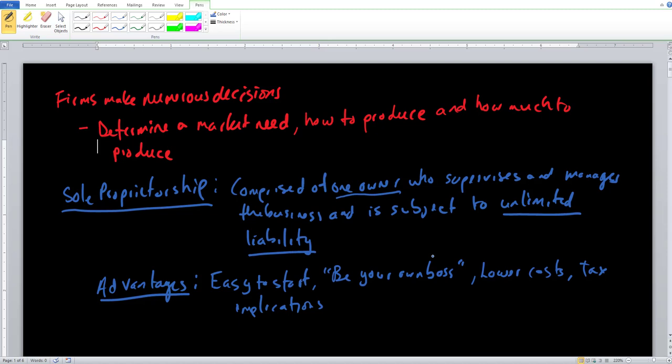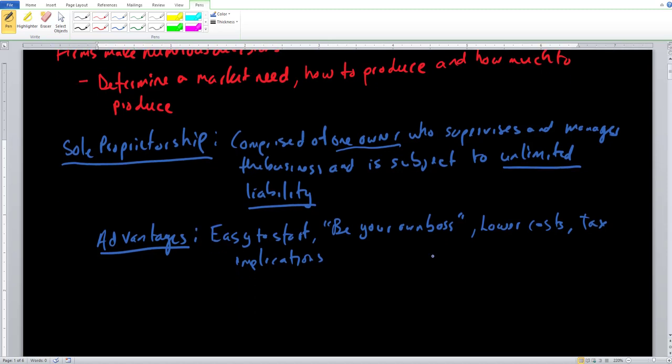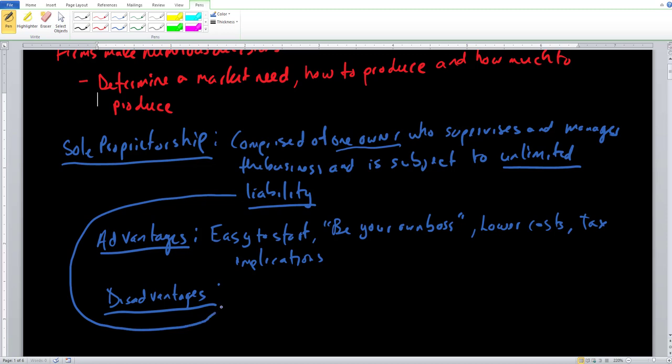However, we said that there is a very big disadvantage that comes with a sole proprietorship, and that's going to be this unlimited liability. So here, we'll put the disadvantages right here. The major one is the unlimited liability, which just tells you that you are liable for all of your debts.